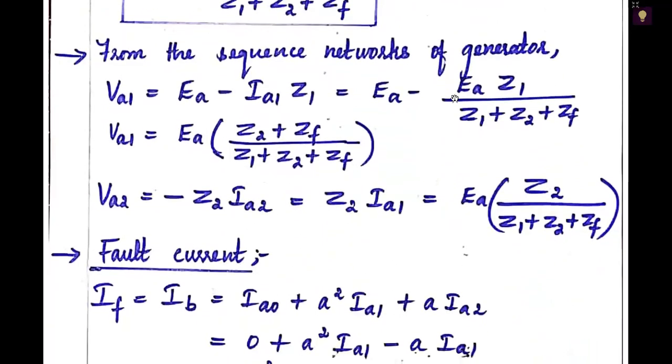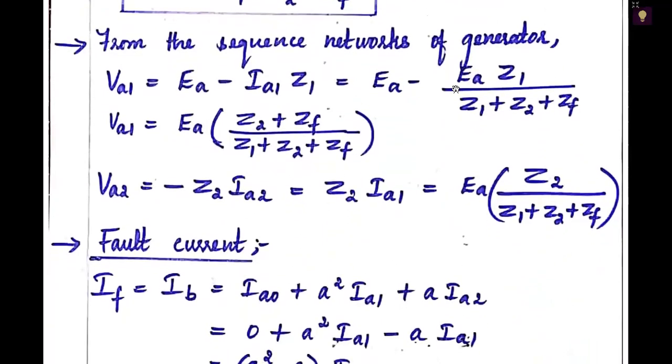Next, to get VA1 and VA2. From the sequence networks of the generator, we have the VA0, VA1 and VA2 expressions. VA0 we have already seen is 0 because IA0 is equal to 0 for a line to line fault. Let us write the expression for VA1: EA minus IA1 Z1. Substitute for IA1 from the previous equation.